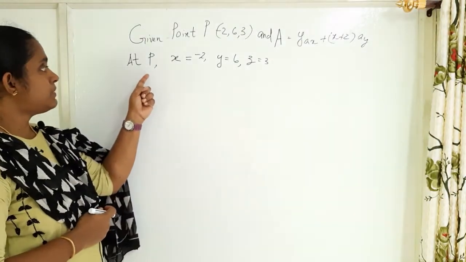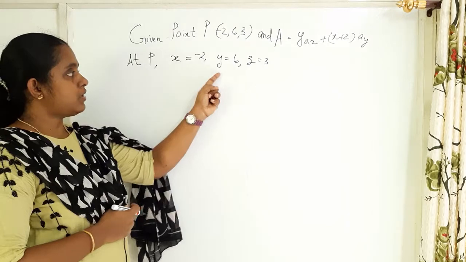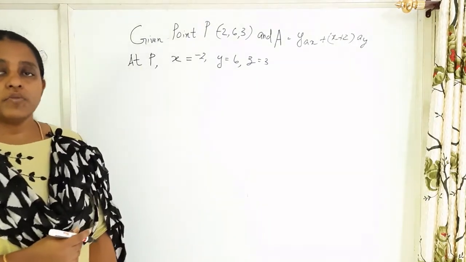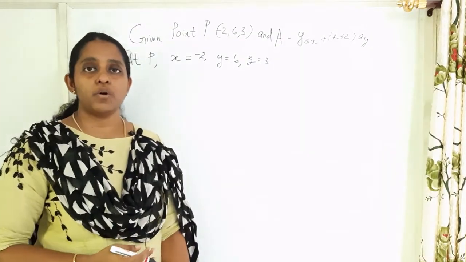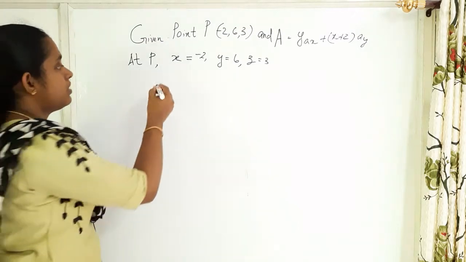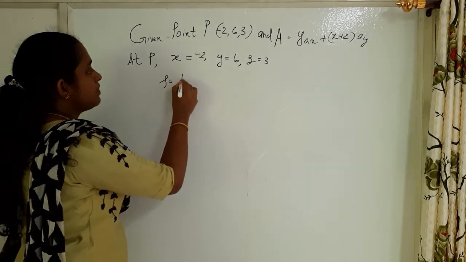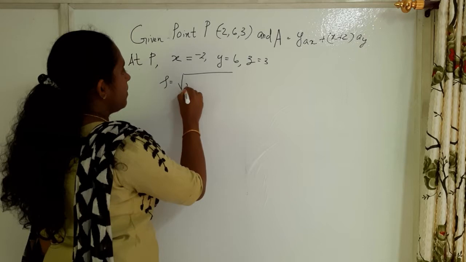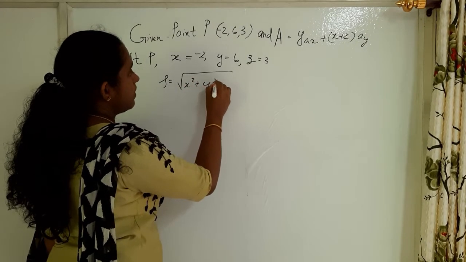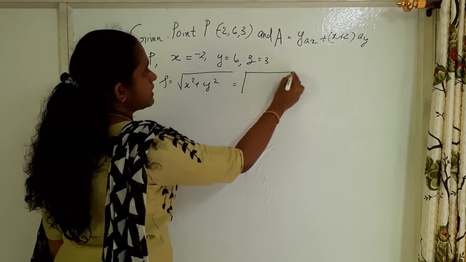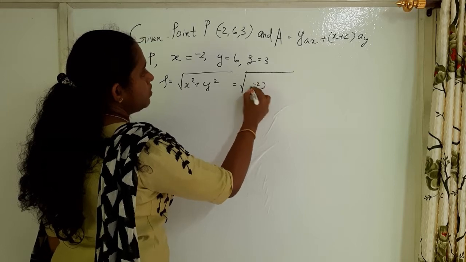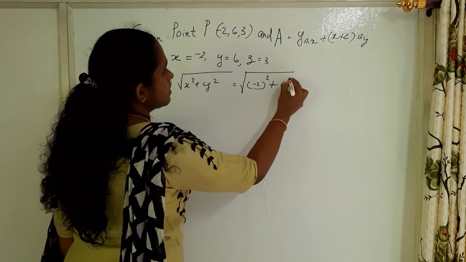So at point P, x equals -2, y equals 6 and z equals 3. We have to convert it into cylindrical coordinates, by applying the equation rho equals square root of x squared plus y squared. Substituting the values of x and y: (-2) squared plus 6 squared.